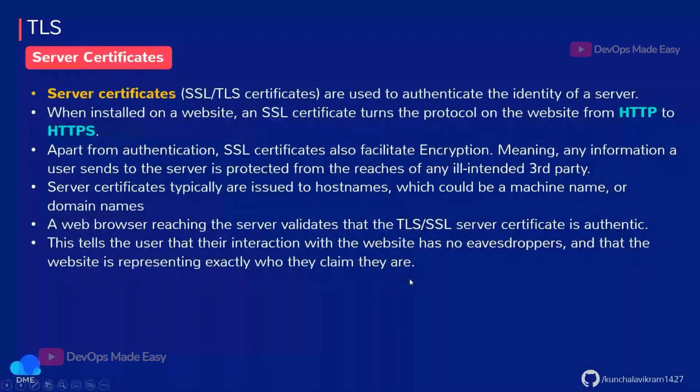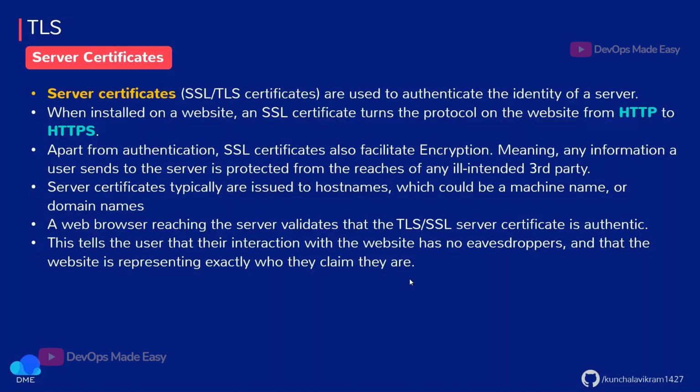In the case of server certificates, as we already know, these certificates are used to authenticate or prove the identity of the server. Whatever we saw in the earlier example is the server certificate. You can issue a server certificate to a server with a specific host name, or it can be a simple domain like www.google.com. Then you need a domain certificate for that domain and a domain private key.